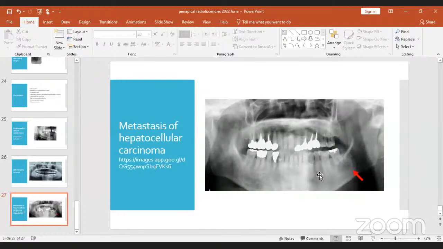Therefore, a good history is very important. You also examine the patient well, and most likely you may find that the tooth has no symptoms, the filling is intact, and there is no secondary caries. So it's important to do a good history before you conclude that the lesion is odontogenic, and therefore that you need to do something to the tooth.